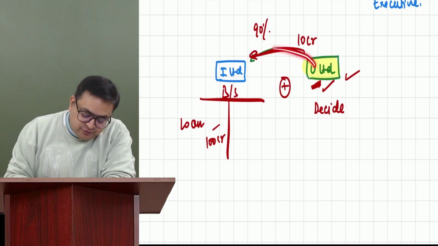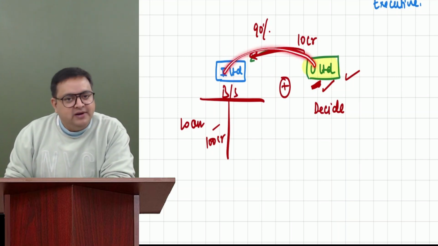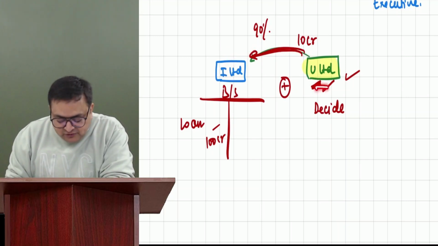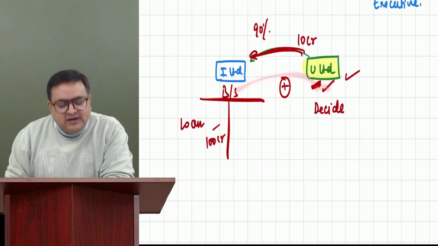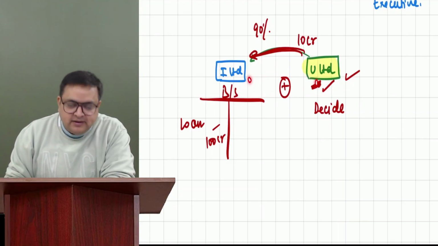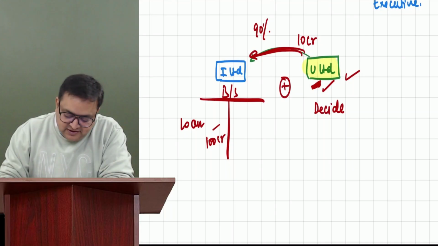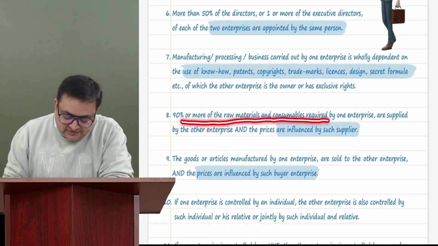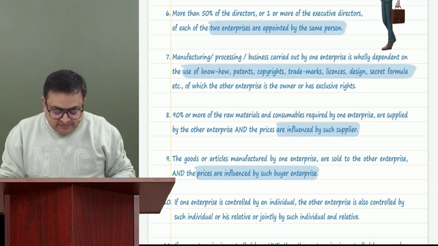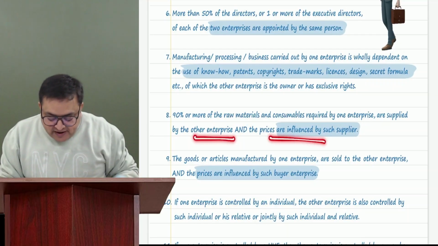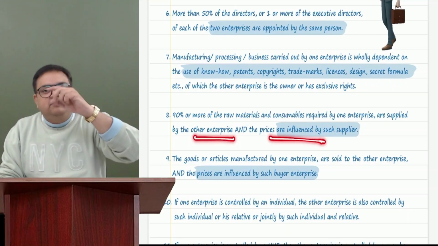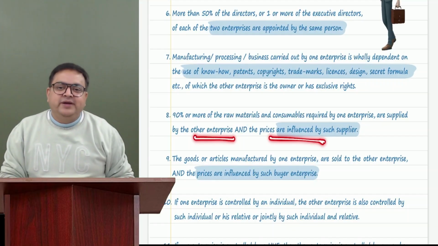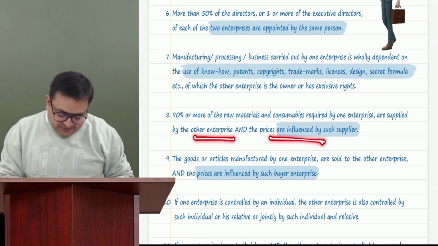So we have to purchase 90% or more raw material from them, and the price will also be decided by U Limited. Then in that case, it would be associated enterprises. So it's written over here: 90% or more of the raw material and consumables required by one enterprise are supplied by another enterprise, and the prices are also influenced by that supplier. Then also it would be associated enterprises. Right.